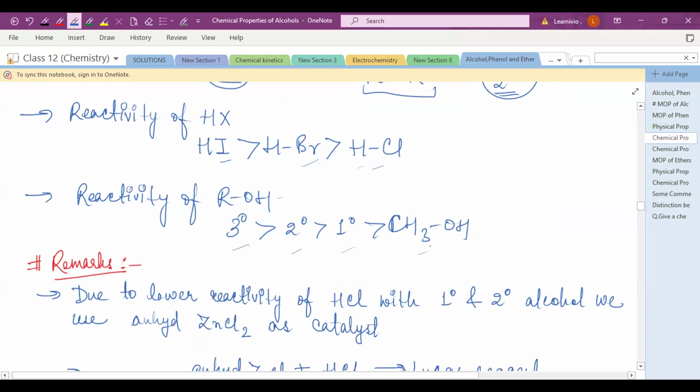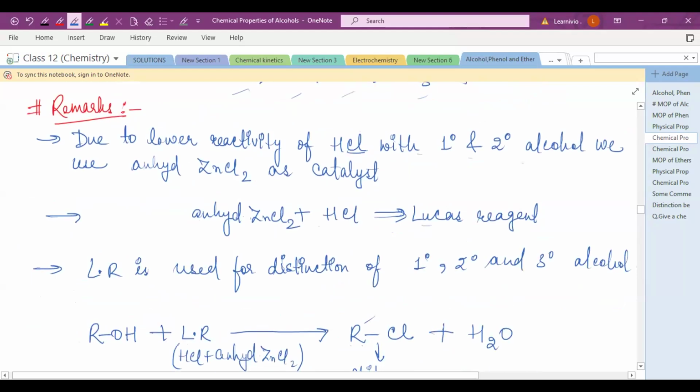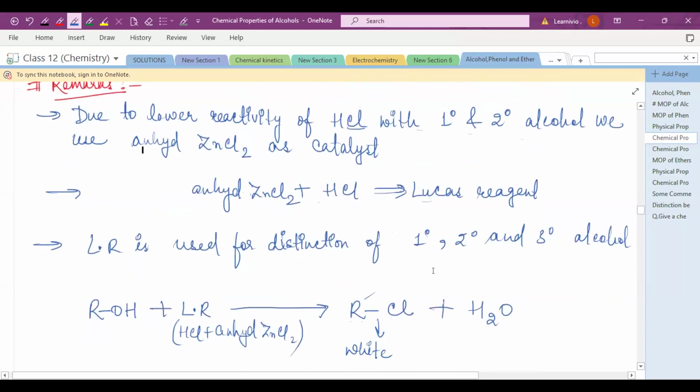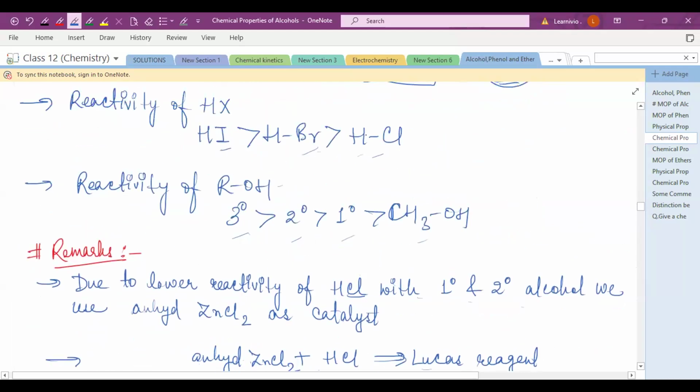Remark: due to lower reactivity of HCl with primary and secondary alcohols, we use anhydrous ZnCl2. This is again very important. HCl is less reactive among the halogen acids. HI is most reactive, after HI it's HBr, then HCl.